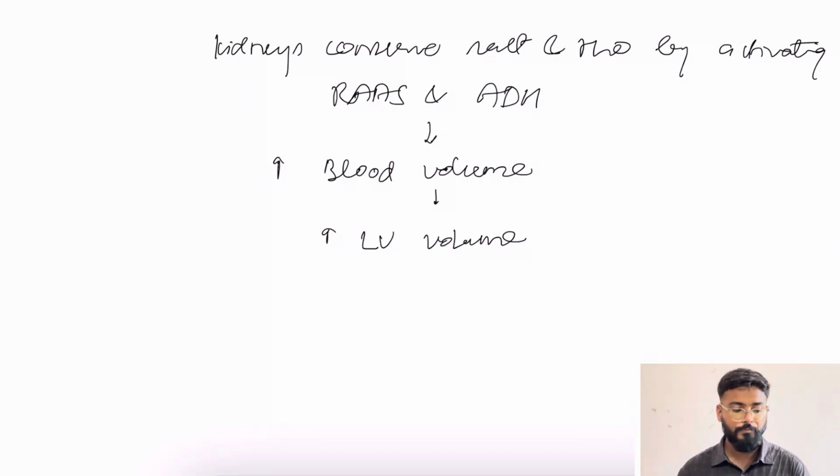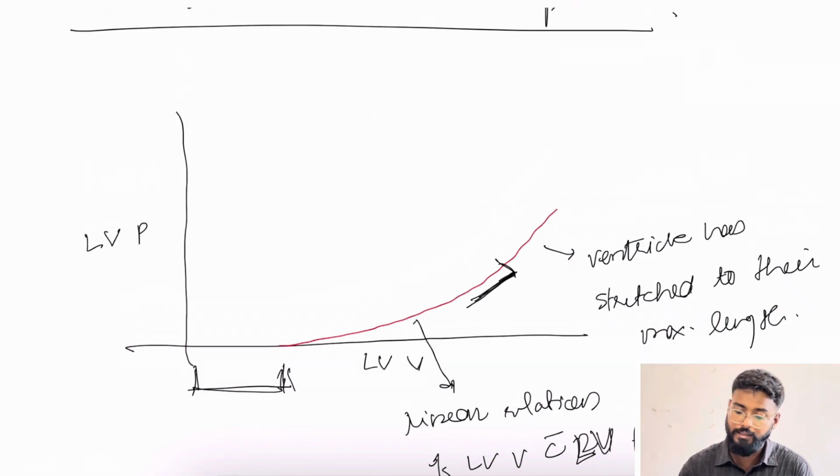Now this excess blood is going to increase the left ventricular volume, and as we saw in this relation, the amount of end diastolic volume that was there earlier, before the kidneys got activated and stimulated the RAS and release of ADH, which in turn causes conservation of salt and water, was able to stretch your ventricles to that extent.